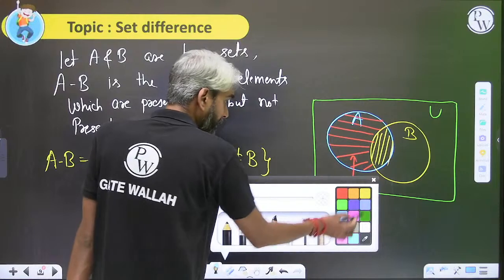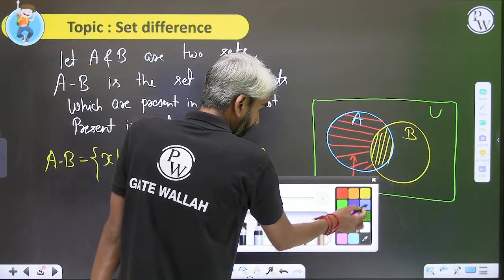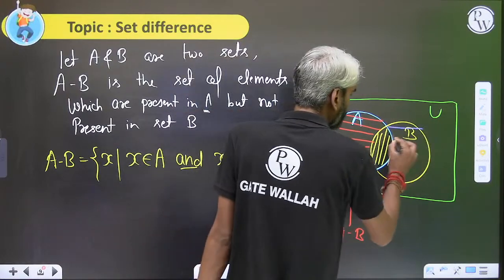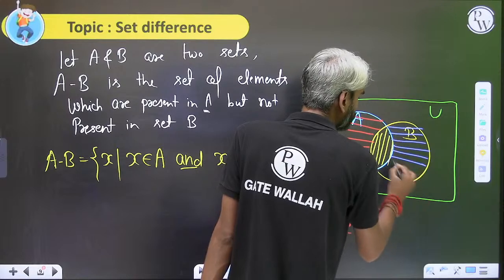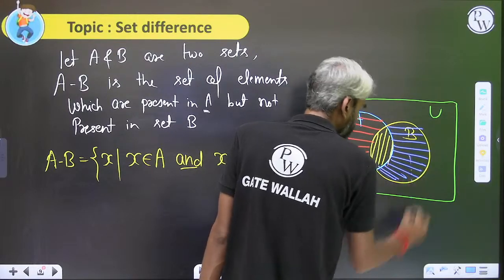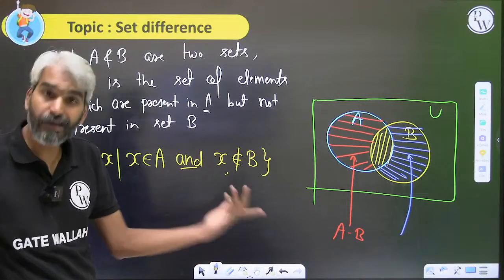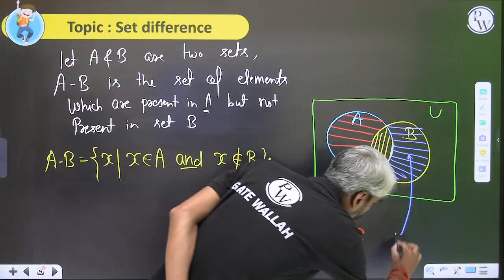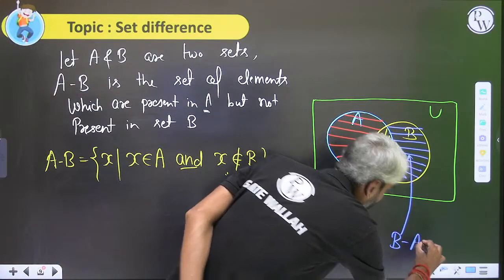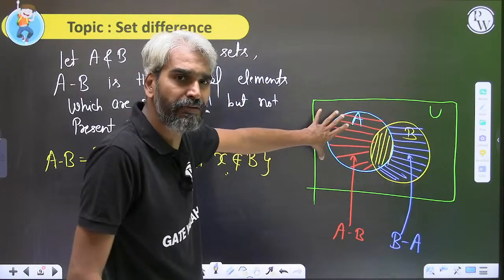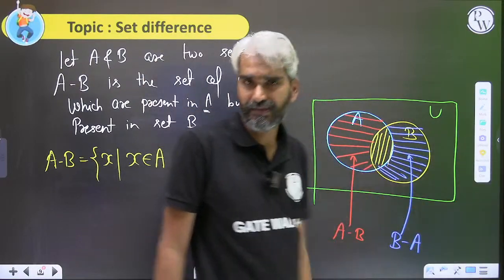Please look at this carefully. Let's use this blue color. So if I take this right side region, then these are the elements which are present in set B but not present in set A. Therefore, it will represent B minus A. Do you see that the set A minus B is different, the set B minus A is different?